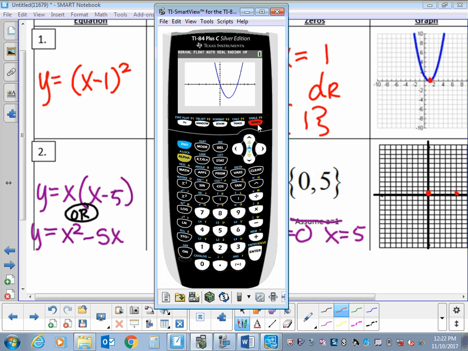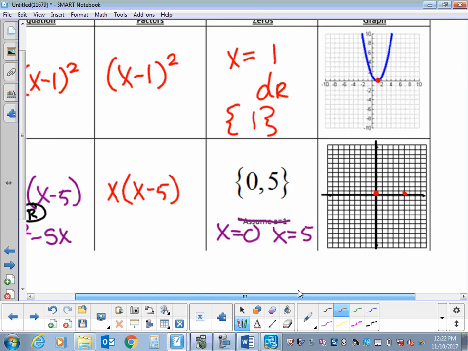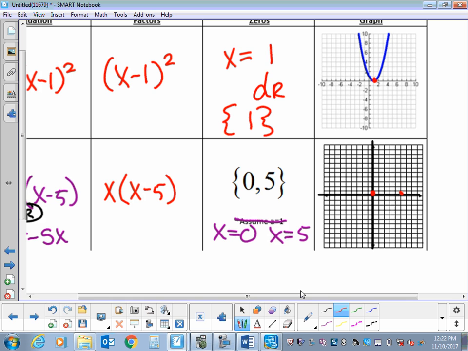Looks like my vertex is at 2.5 and about 6. So 2.5, 1, 2, 3, 4. And then we can just connect. You guys understanding how we're just going to sketch the graph? If you would like to get actual points, go for it. Use your table, but you don't have to.